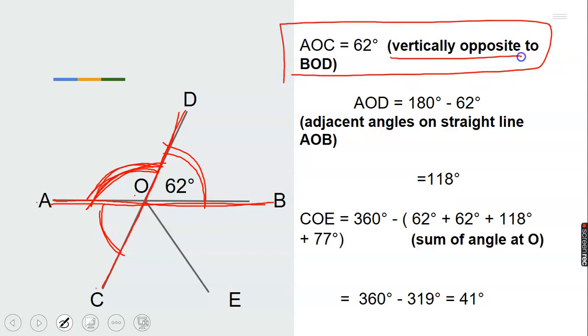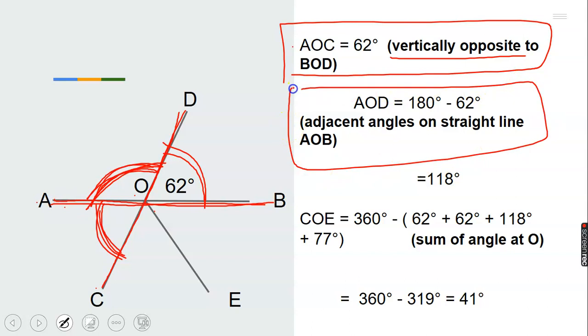The reason why AOC equals 62 degrees, as BOD, is because AOC is vertically opposite BOD. Now we can find AOD using this like we have before. AOD equals 180 minus 62 degrees.